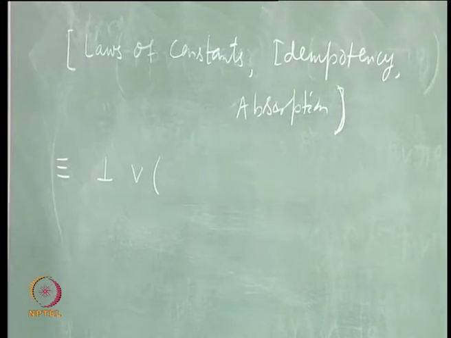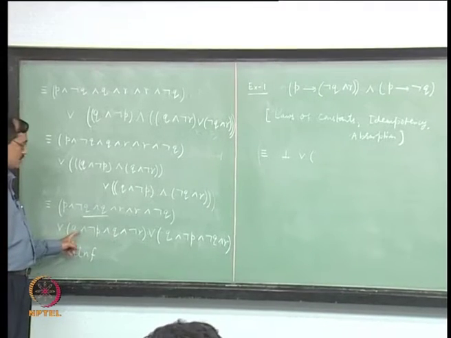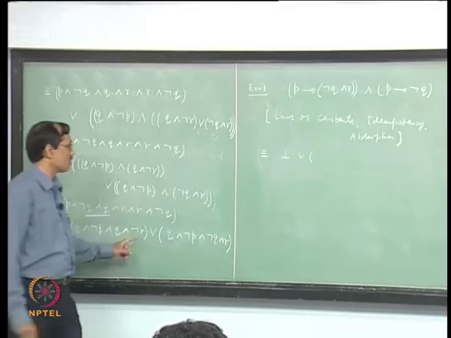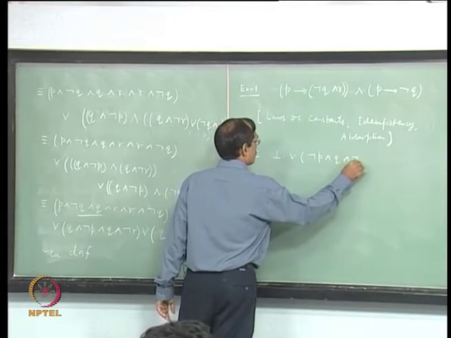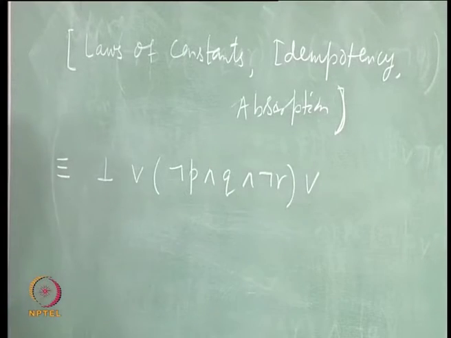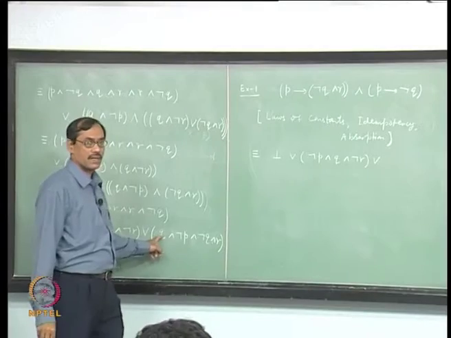or what else? Q is idempotency. So, not P and Q and not R. Next is Q and not Q is bottom again.